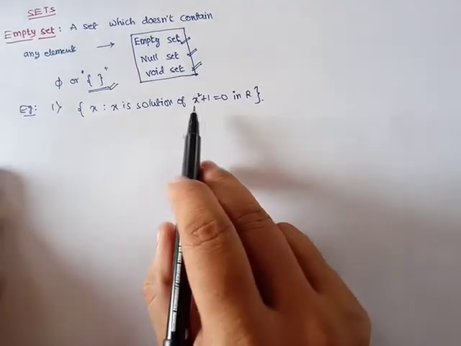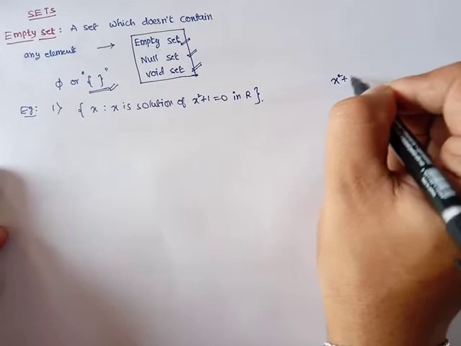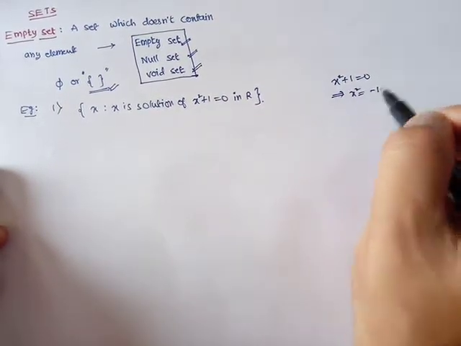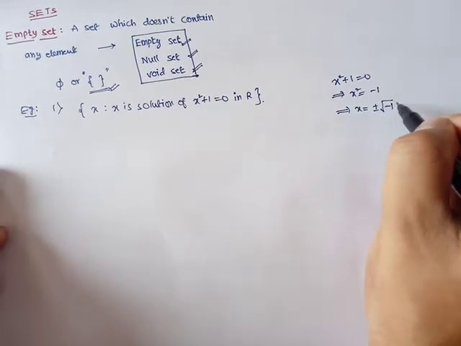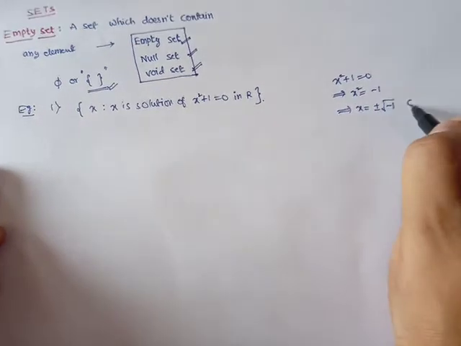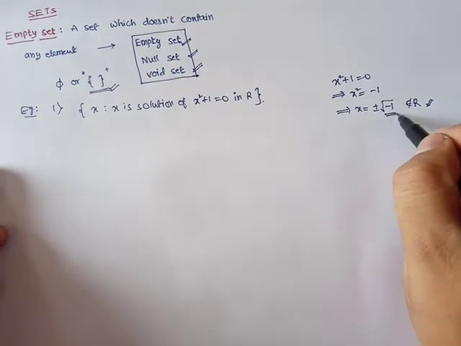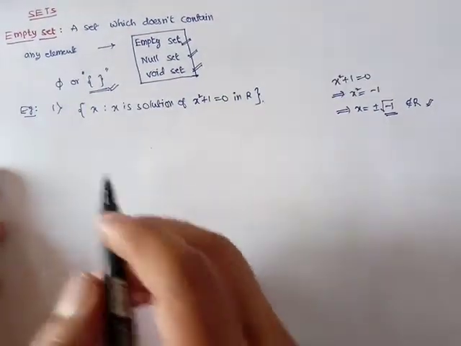Finding the solution, x square plus 1 is equal to 0, so x square is equal to minus 1 and x is equal to plus or minus square root of minus 1. This value will not lie in the real numbers.